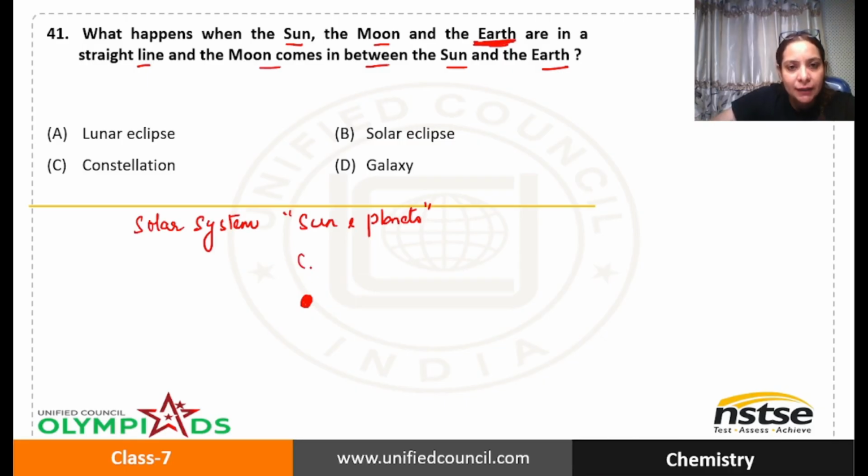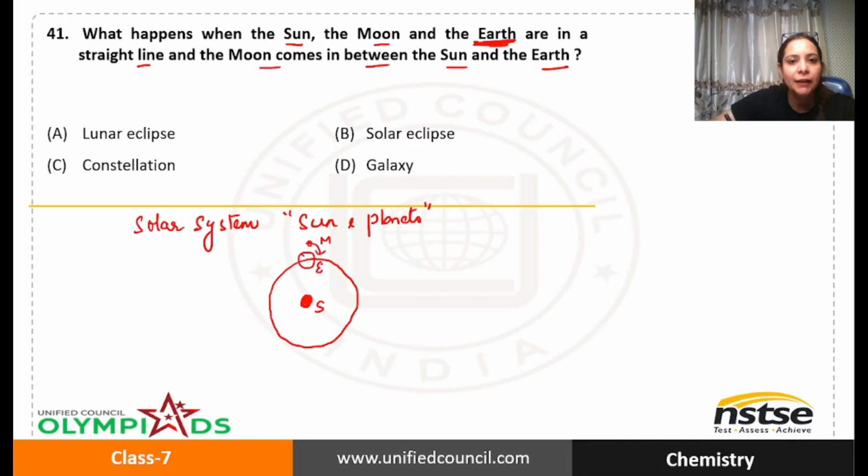So Earth is orbiting around the sun. Let's say this is Earth. And we know that the moon is the natural satellite of the Earth. So that means the moon orbits around Earth.